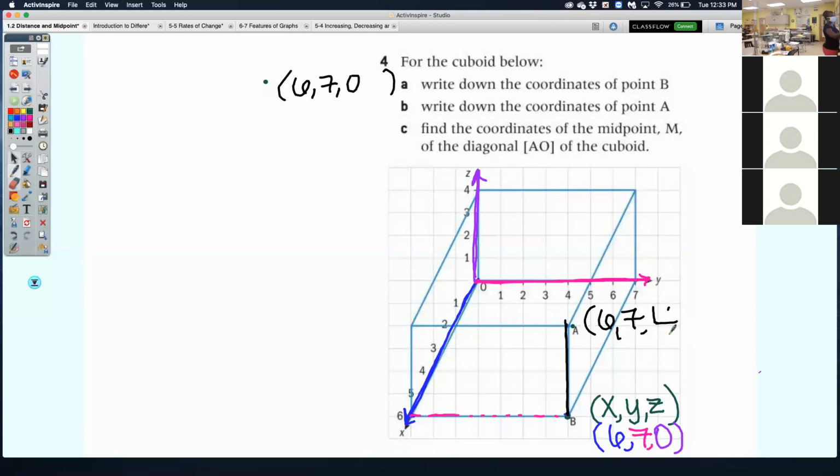It'll be 4, because again, Z runs straight up, and we went up the same amount of units to technically make that cuboid. Questions on that?